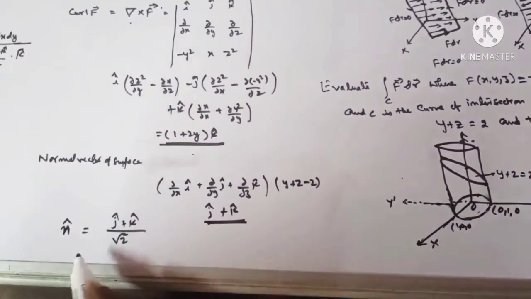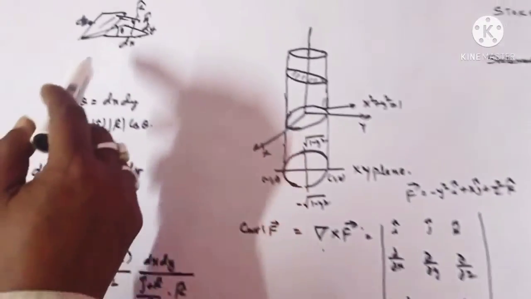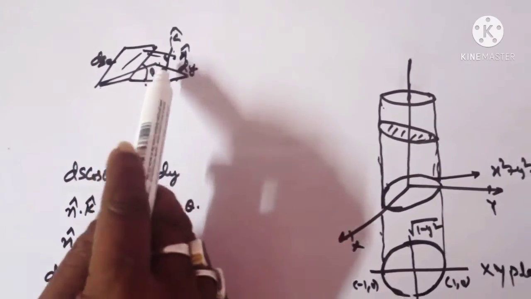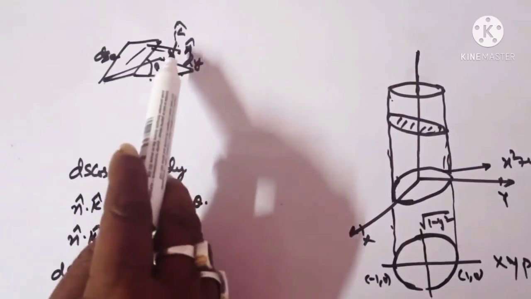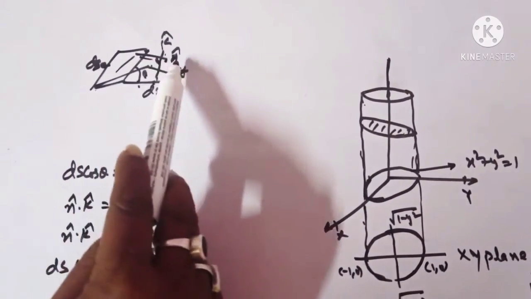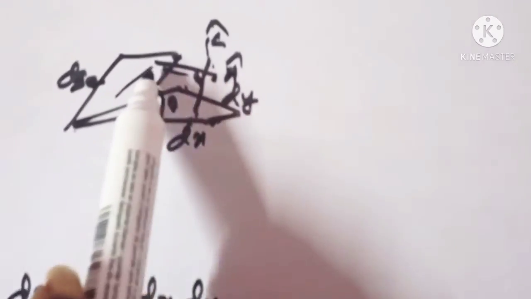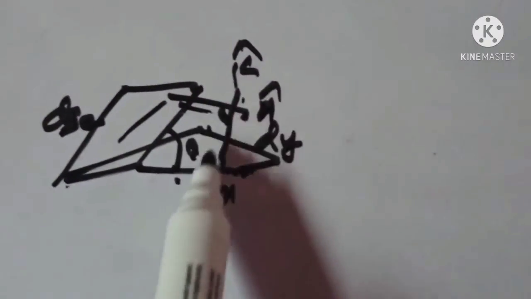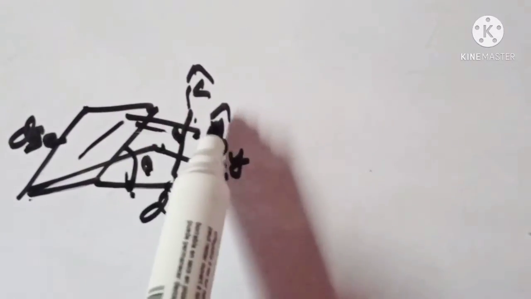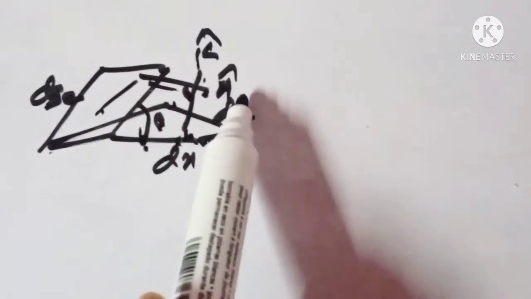And the unit vector is this much. And ds, you know, when this plane and this plane make an angle theta, the angle made by the normals of these two planes is the angle between the two planes. Let the unit normal vector of this plane be n cap.